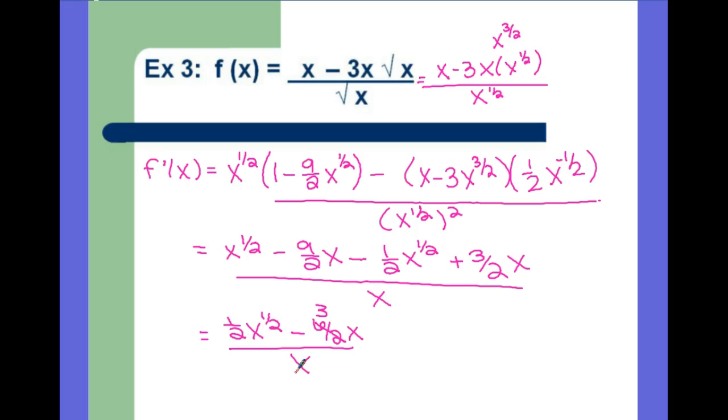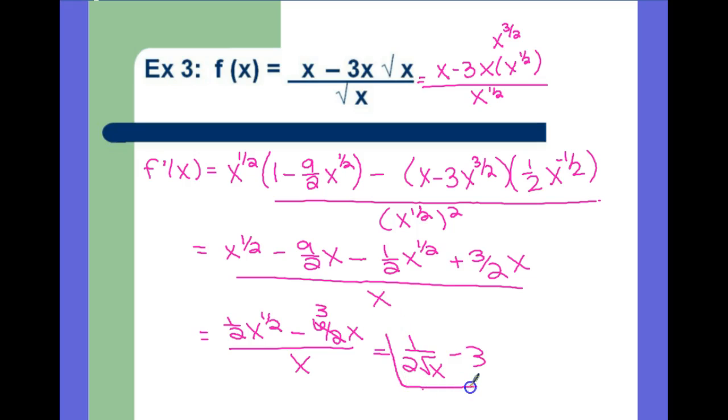So you see this is 1 without an x and a fraction and a fraction. So 1 half x to 1 half over x is really 1 over 2 square roots of x, right? Because the 1 half over an x would become negative 1 half, and the 2 would drop down. Yep, and then minus 3x over x would just become negative 3, because the x over x would cancel.